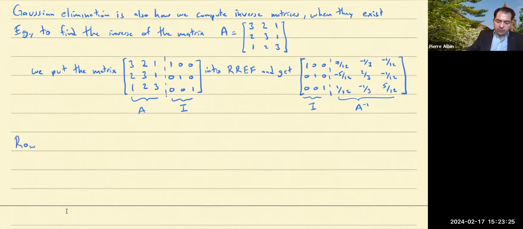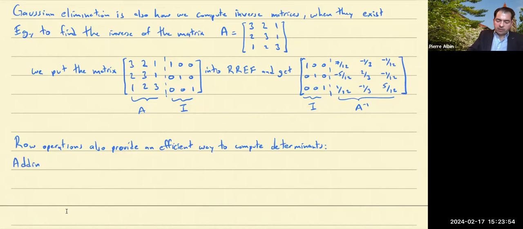Row operations also provide an efficient way to compute determinants. Right? So remember, we have 3 row operations.